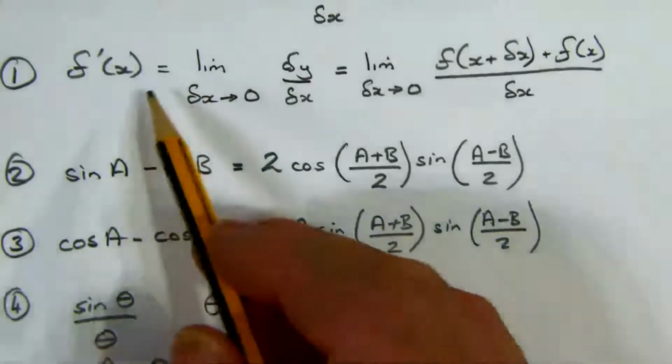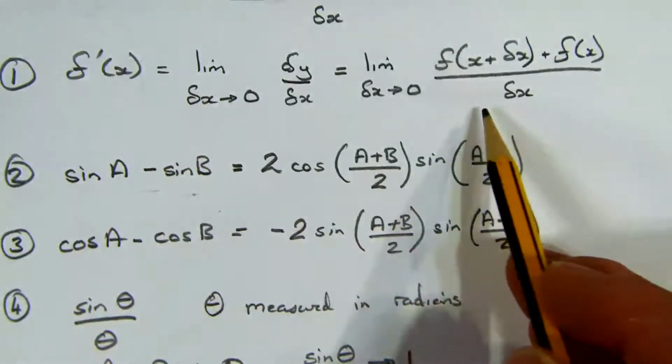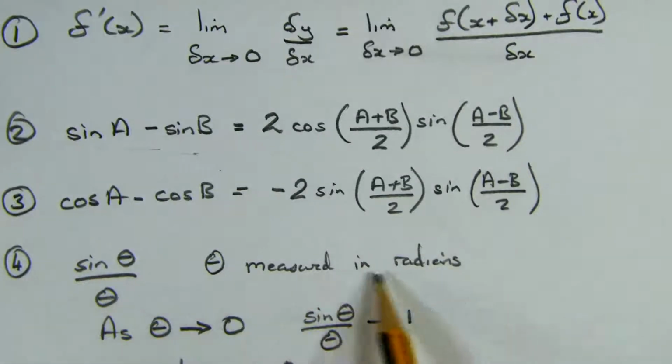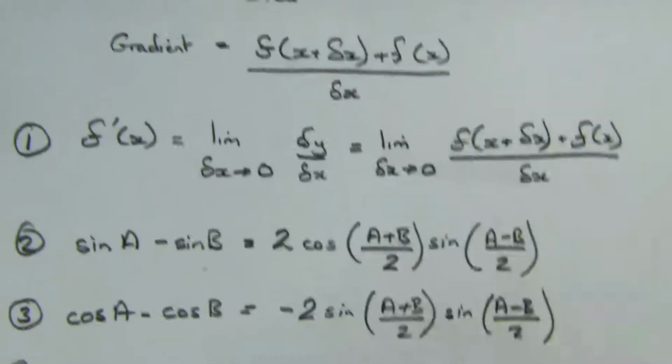We've still got our same facts that we knew, and because we know all of these facts about differentiating the sine function and sine approaching 1, we should be able to work out and differentiate cos x.